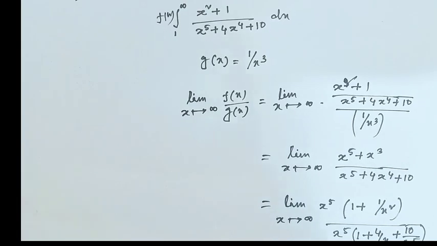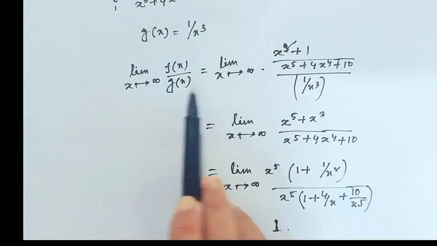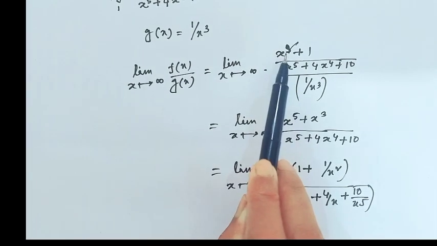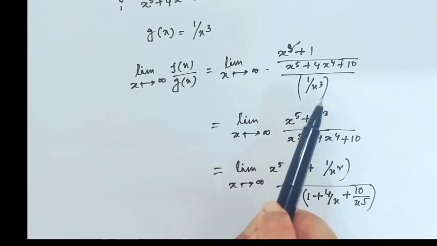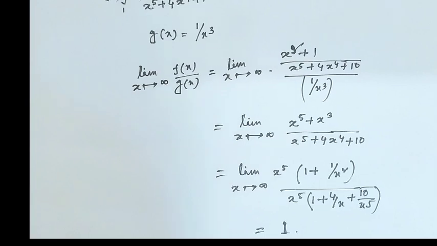Then the limit as x tends to infinity of f(x) over g(x) would be, since g(x) is 1 over x cube, x to the power 5 plus x cube over x to the power 5 plus 4x to the power 4 plus 10.